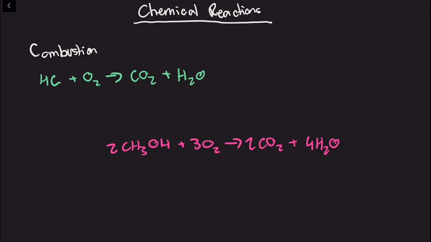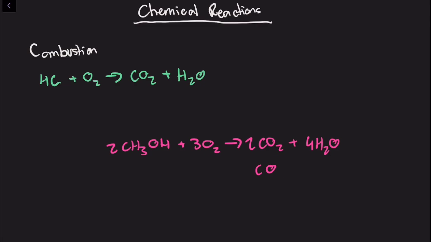It's also important to note that there are cases where an incomplete combustion occurs, which means we won't get the full results, almost always when the amount of oxygen we have is limited. So sometimes, instead of having a product of CO2, we might see a product of CO, carbon monoxide.